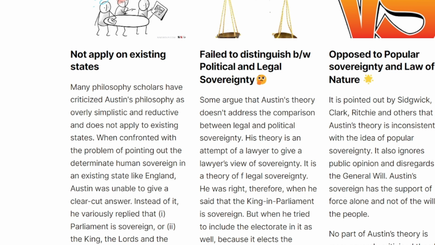It also ignores public opinion and disregards the general will, as I told earlier. Austin's sovereign has the support of force alone and not the will of the people. His center of attraction is the sovereign, the ruler, not the people. So he's not talking about popular sovereignty. He's just confined to legal sovereignty.